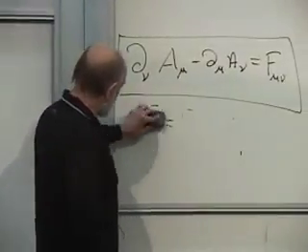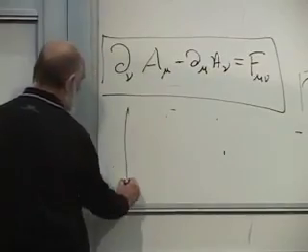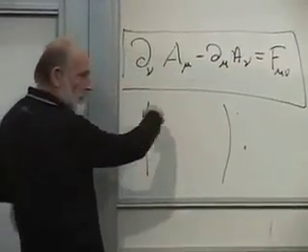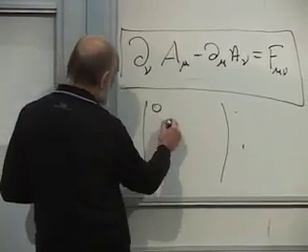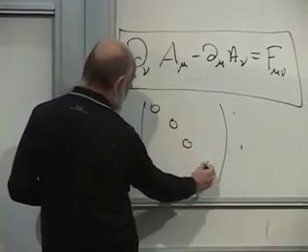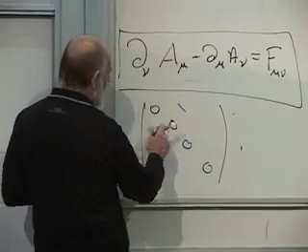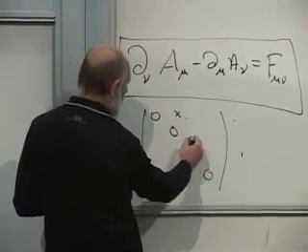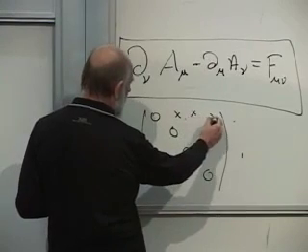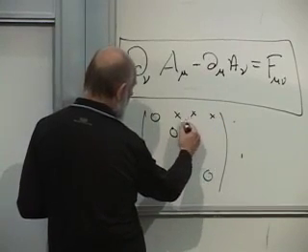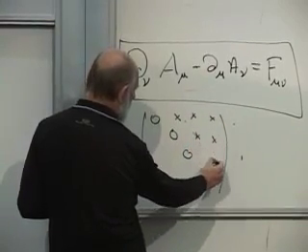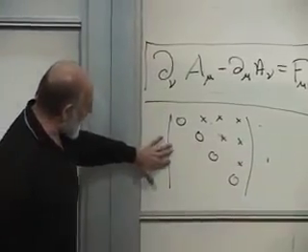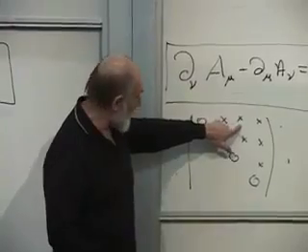You can think of it as a 4 by 4 matrix, 16 to start with, 0 on the diagonal, and off the diagonal, there are 6 over here and another 6 over there, but the other 6 are just the negatives of the ones over here.